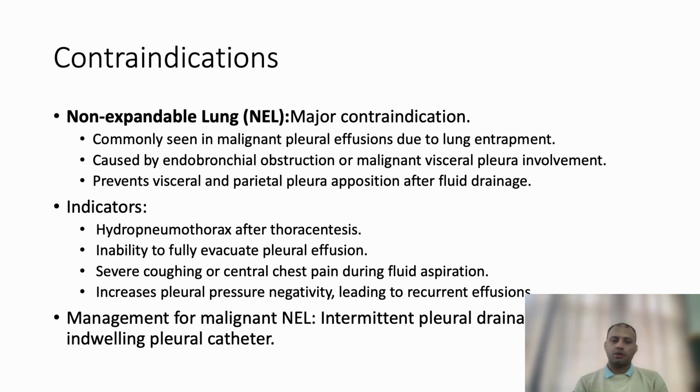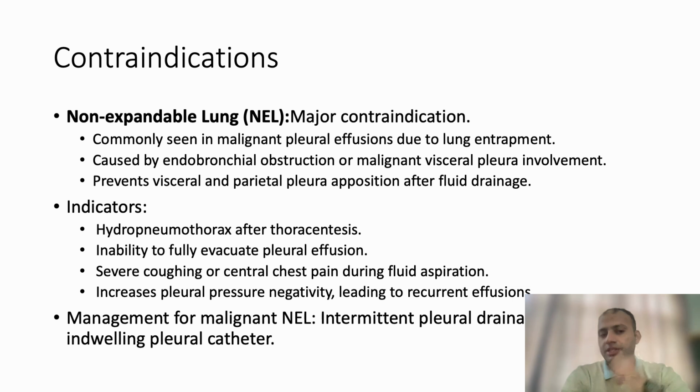On the contraindication side, the major contraindication is the non-expandable lung. It is commonly seen in malignant pleural effusion due to lung entrapment, or may be caused by endobronchial obstruction or malignant visceral pleura involvement. The non-expandable lung prevents visceral and parietal pleura apposition after fluid drainage.